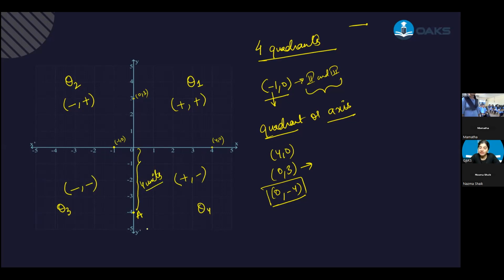Okay. Now, if I ask you, what is the distance of this point from y-axis? 0, madam. 0, right? Because this point is on the y-axis. It is clear, right? Okay. So if I have a point, that is 2 comma 0, what is the distance of this point from y-axis?